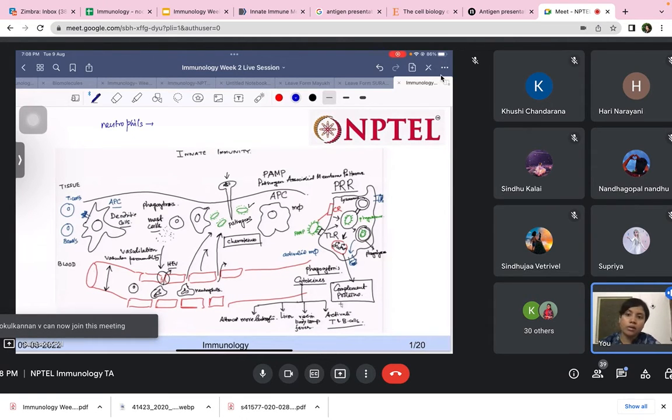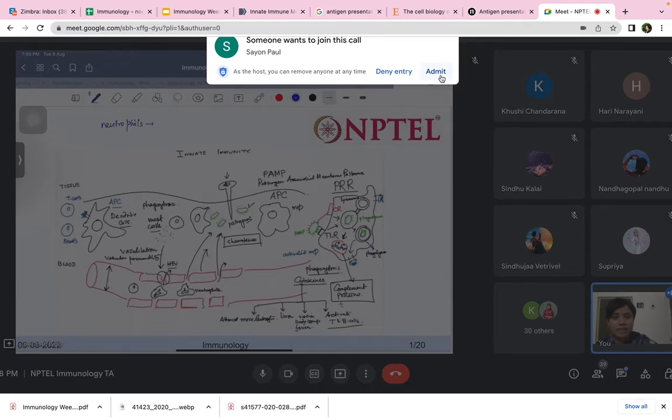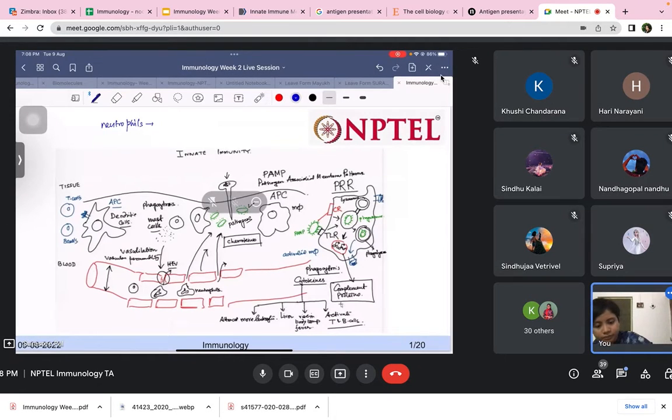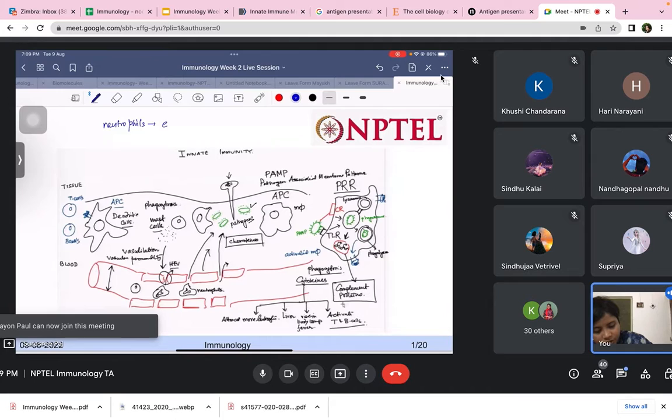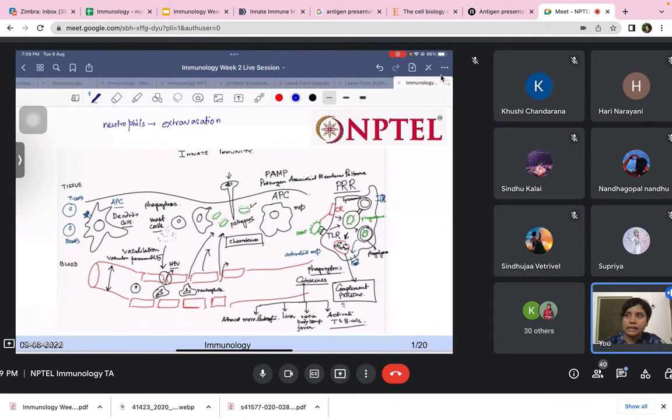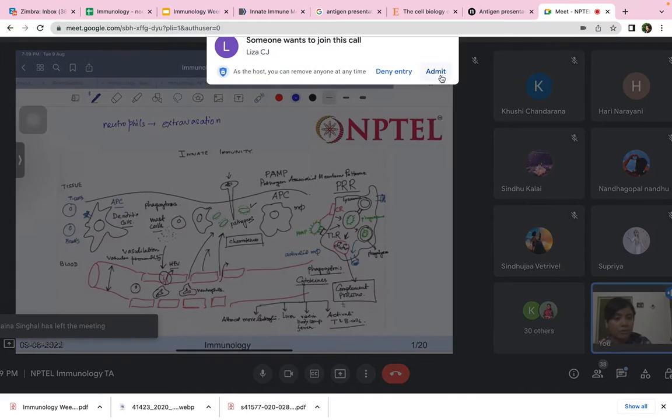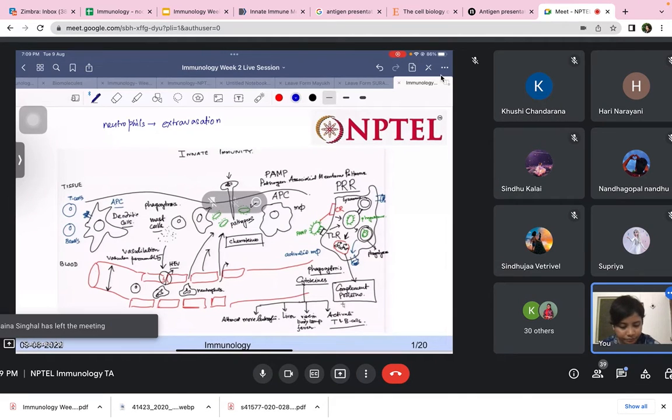For neutrophils to migrate to the site of action, there is a process called extravasation, which is nothing but the crossing of the endothelial layer of the blood vessels by the neutrophils to come to the site of action.